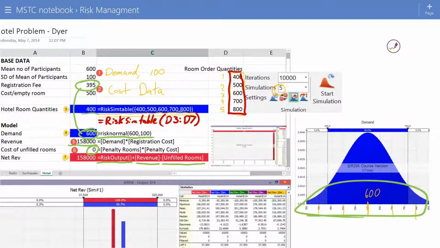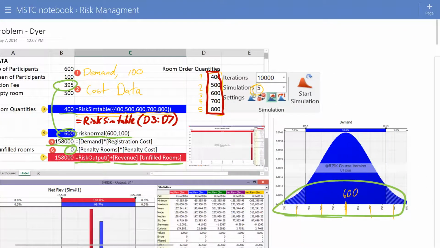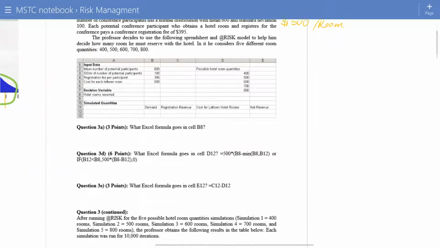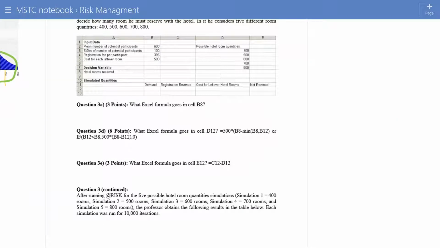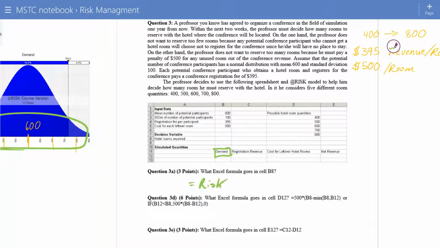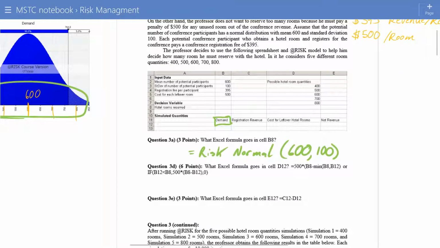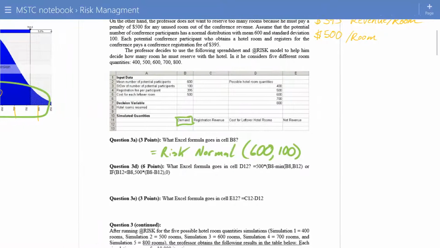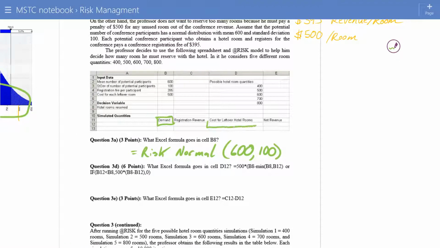And there are a number of ways to go about calculating that. Based on his example, what is the Excel formula that goes in B8? B8 is your demand, so that's equals RiskNormal(600, 100). What Excel formula goes in D12? Let's say D12 is this right here.